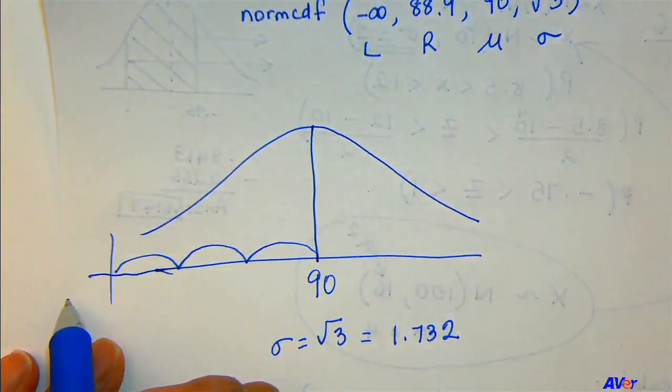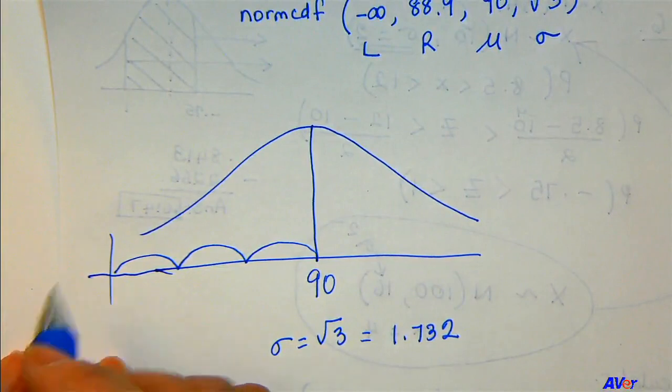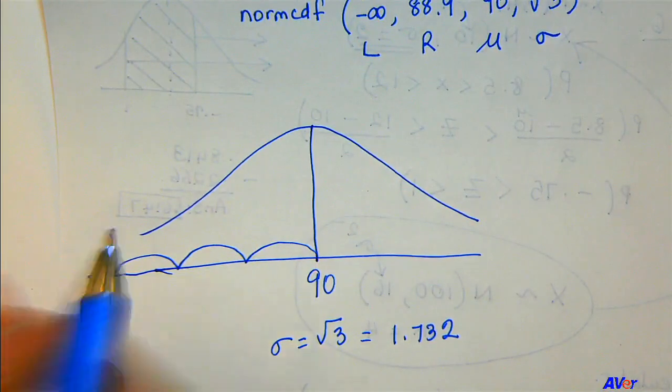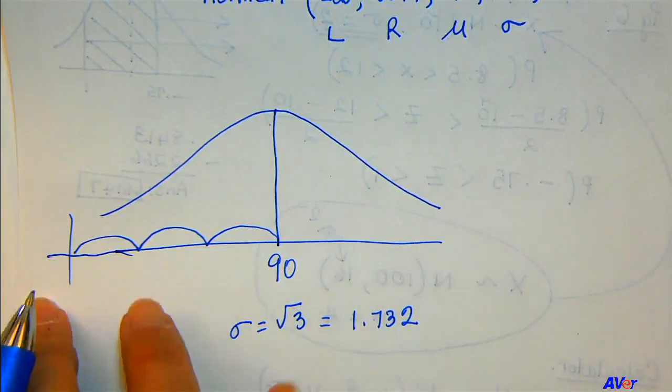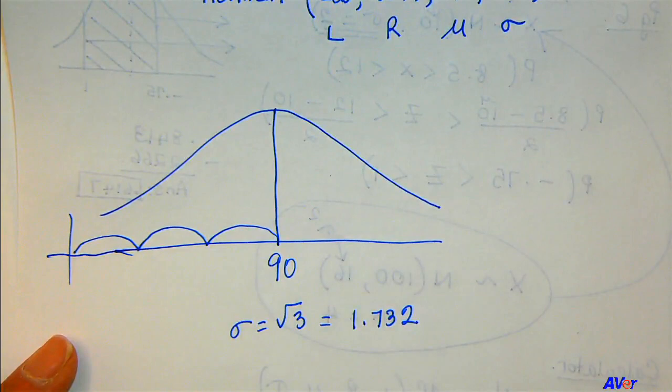So whether I put minus infinity here, or minus 5 here, or 0 here, all those would give me the same answer, right? Because there is nothing past 3 standard deviations to the left of the mean, pretty much. Follow me? Okay.